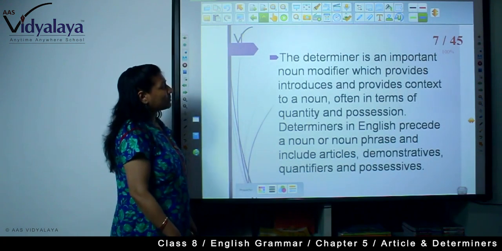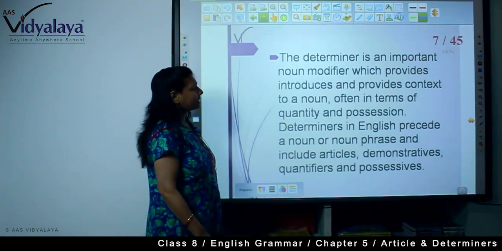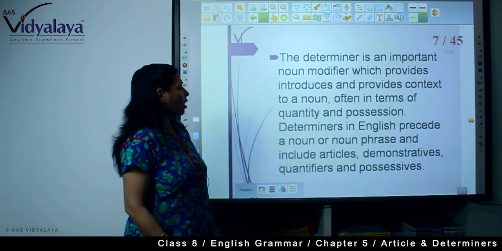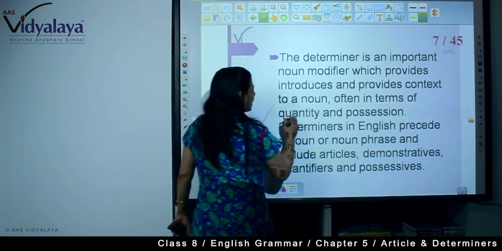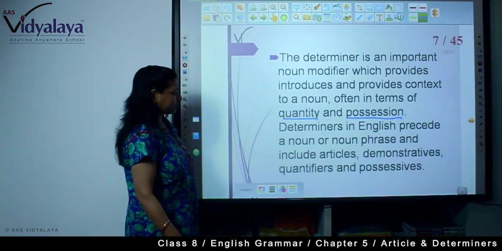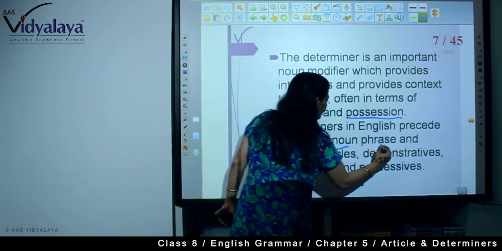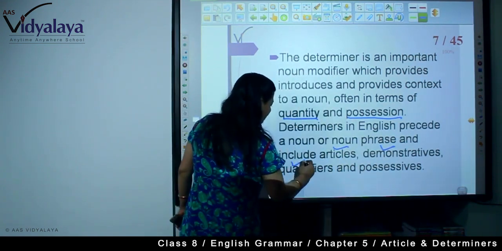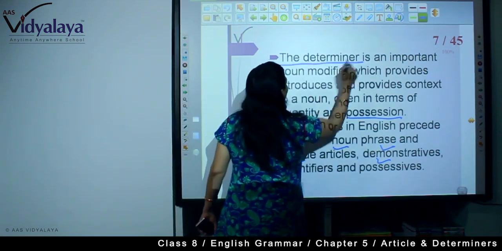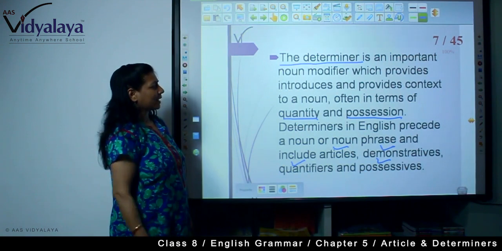Now, the determiner is an important noun modifier which introduces and provides context to a noun, often in terms of quantity and possession. Determiners in English precede a noun or noun phrase and include articles, demonstratives, quantifiers and possessives. Articles you have come to know. Now it's determiners.